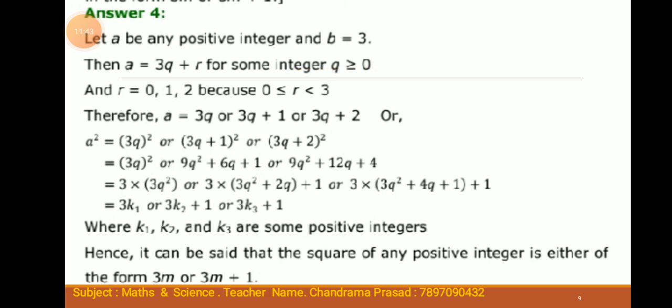Then by Euclid division lemma, a = 3q + r for some integer q greater than or equal to 0, and r = 0, 1, 2, because the remainder r is greater than or equal to 0 but less than 3.